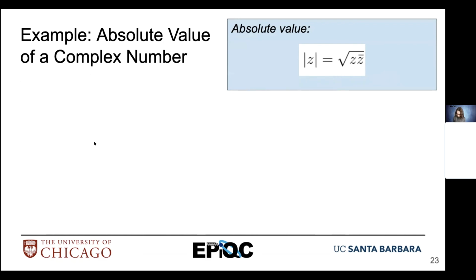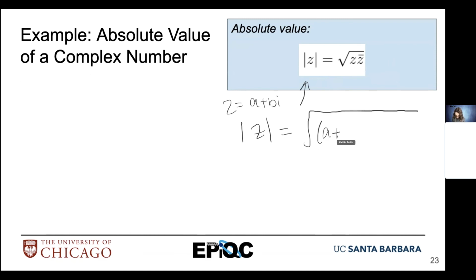So once again, if we have z, and z is equal to a plus bi, we would have an absolute value that's equal to the square root of a plus bi times a minus bi.